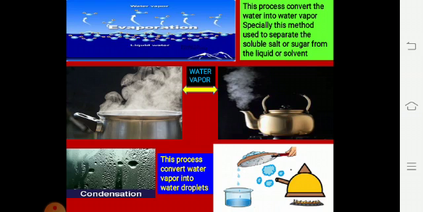So let's come to condensation. The process of condensation is the vice versa of evaporation. Evaporation converts water into water vapor. Here condensation converts water vapor into water droplets, as you can see in the given picture.